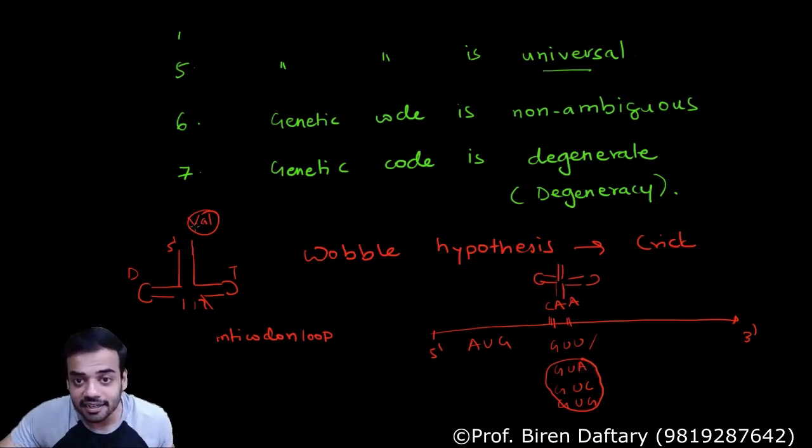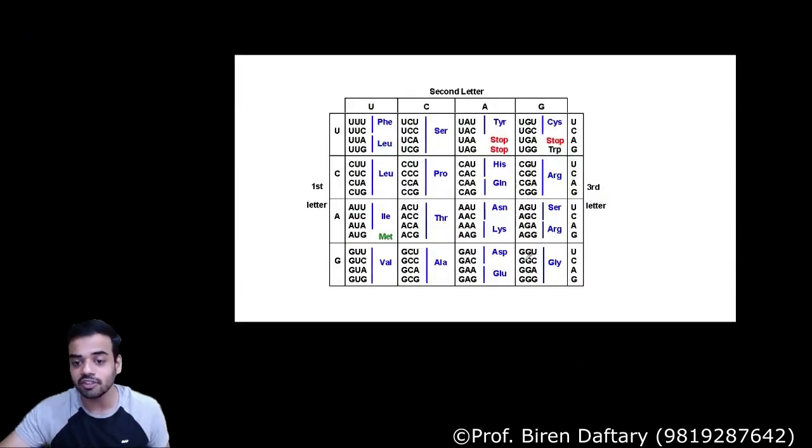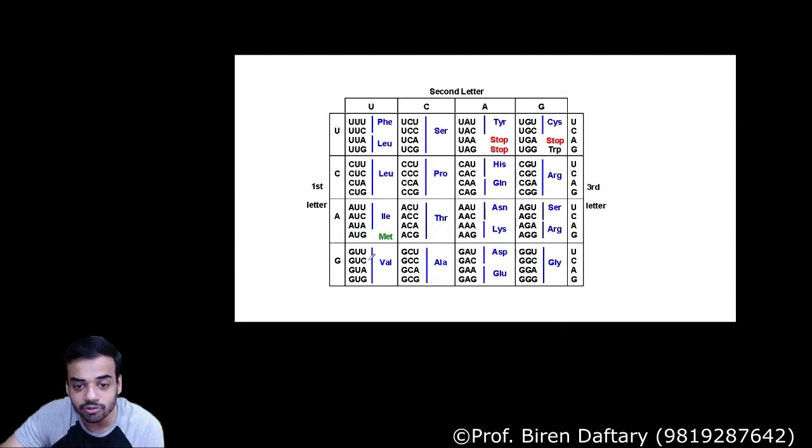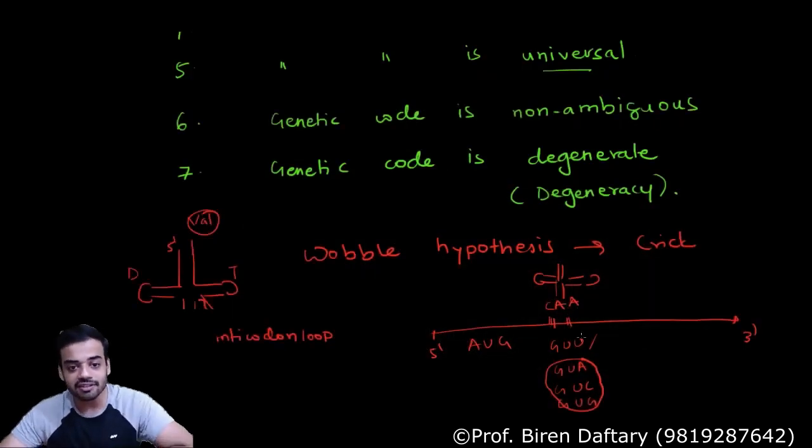This valine amino acid can be coded by 4 codons: GUU, GUA, GUC and GUG. And that is the same thing which is shown over here. See, your valine, where is it? Over here. GUU, GUC, GUA, GUG. So now can you understand why one amino acid can be coded by more than one codon? It is because of this wobble hypothesis.